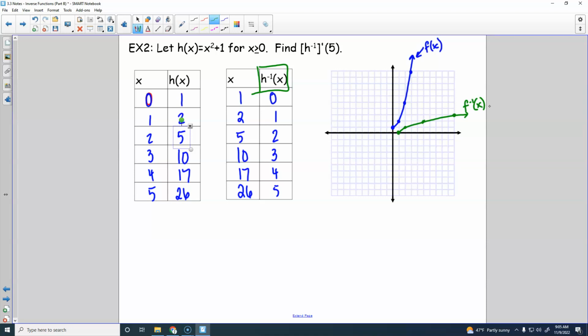So this question is asking me for the derivative of the inverse at 5. So the point that I'm looking at here is where my x equals 5. That would be this point right here. And I'm thinking about the slope of the tangent line there.